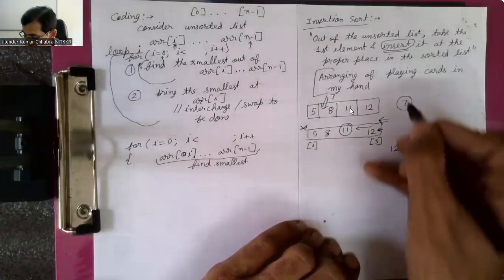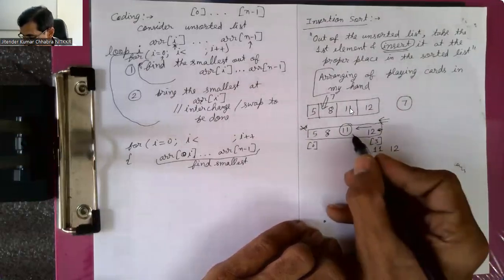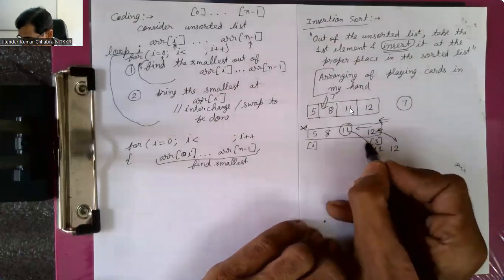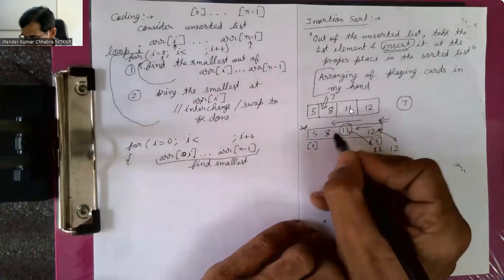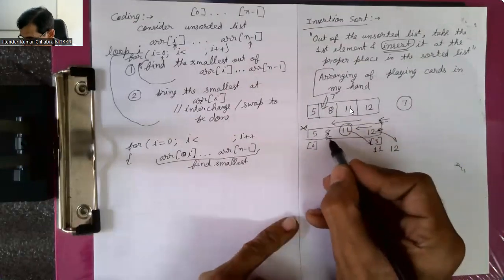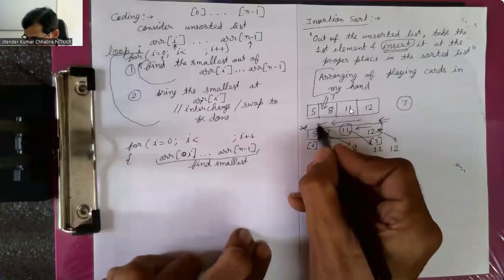7 is also lesser than 11, so I say, okay, 11 also to be shifted. So 12 shifted, 11 shifted. Then I further compare with 8. I find 8 is bigger, so 8 also shifted. And then I compare with 5.